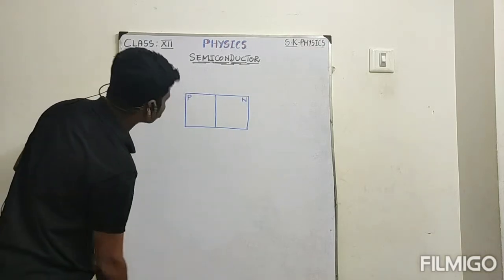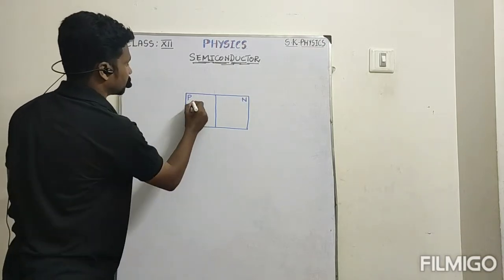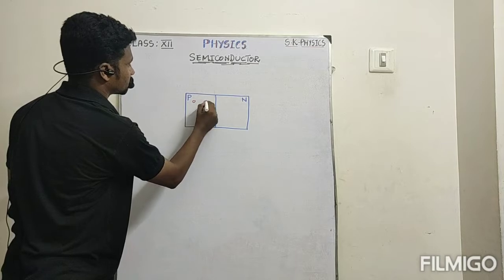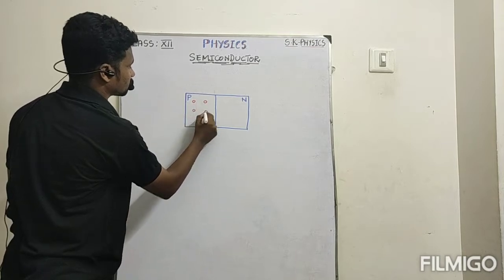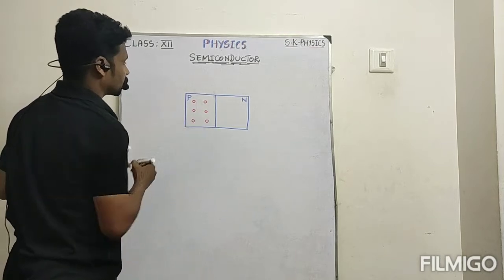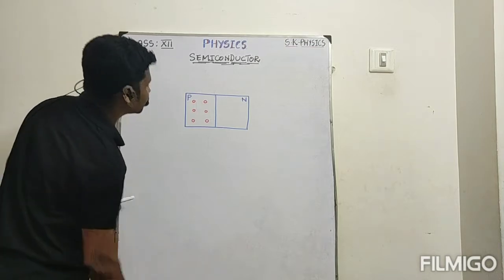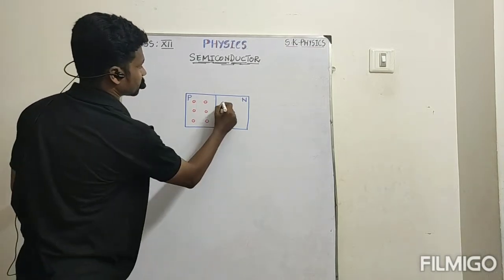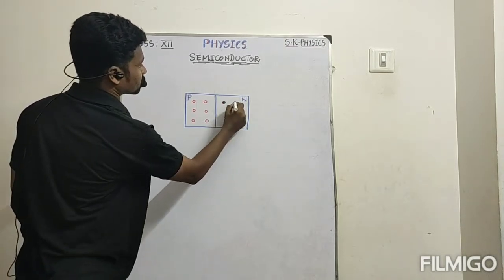In the P type the majority charge carrier is holes. In N type the majority charge carrier is electrons.